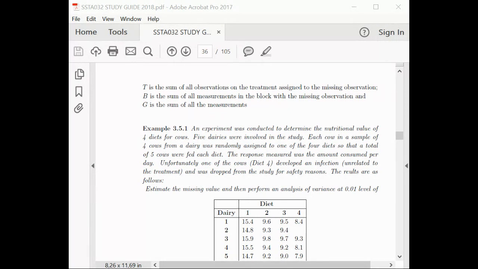You write the model and define the parameters, right? You write the model Yij equals mu plus tau i plus beta j plus eij. You indicate what is your block, what is your treatment. Please do that for the sake of practice.